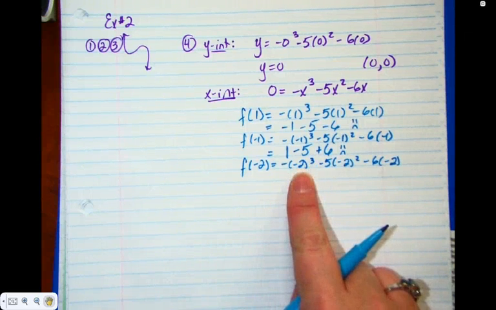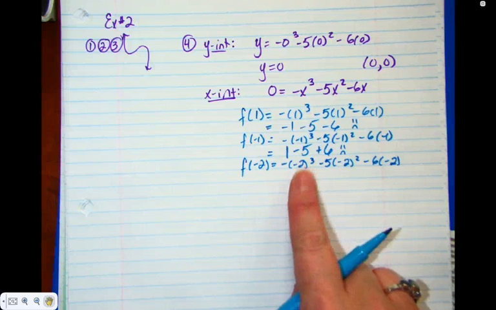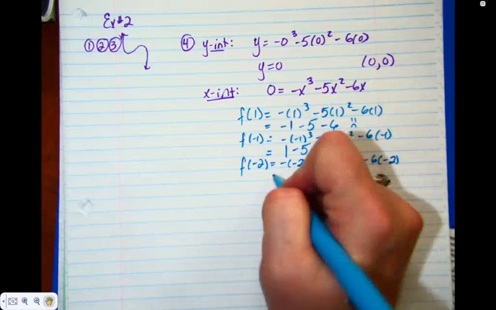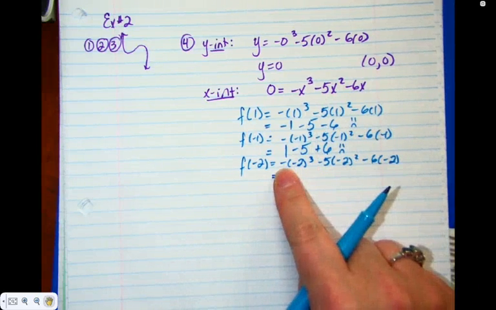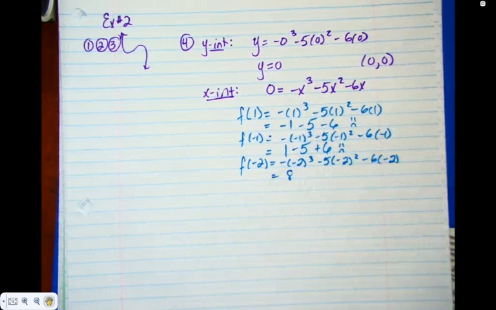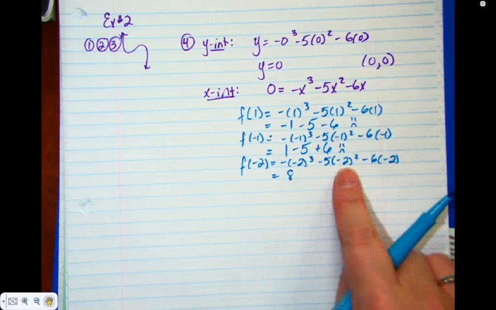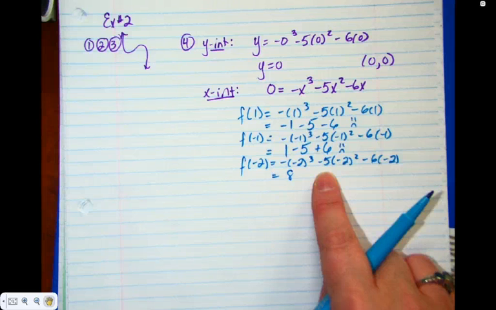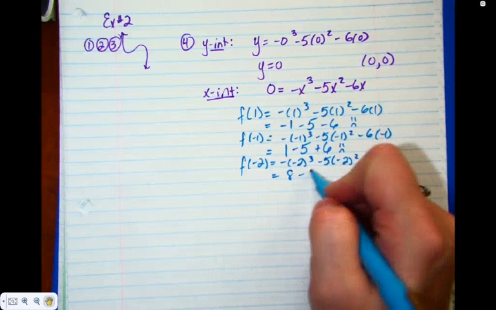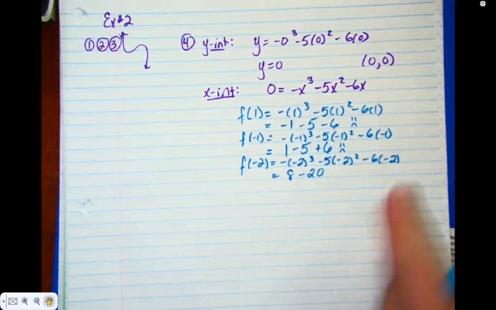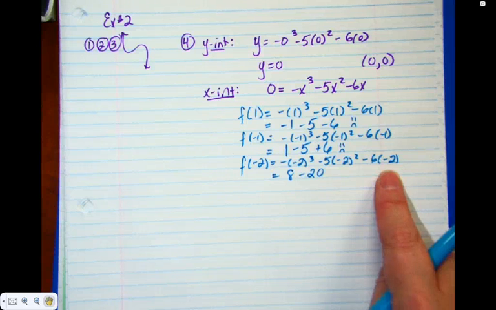Negative 2 cubed. Negative 8, and then we have another negative in front, so positive 8. Negative 2 squared, 4 times negative 5, negative 20. Negative 6 times negative 2.